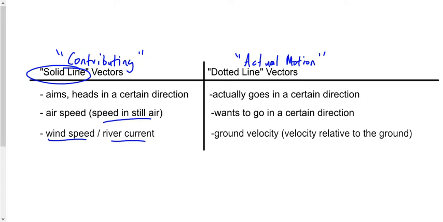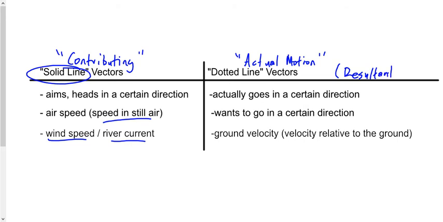So for instance, if a question says that I'm swimming across the river and I actually go directly west across the river, then that would be a dotted line vector. That's a resultant vector. That's a couple other vectors contributing to that one.